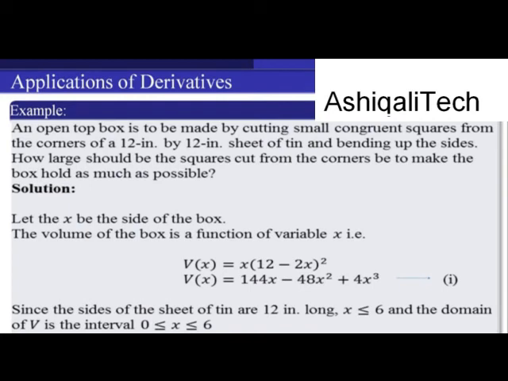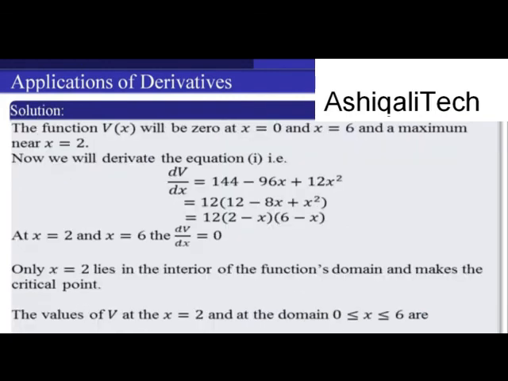Since the sides of the sheet of tin are 12 inches long, x will be less than or equal to 6. And the domain of V is the interval 0 to 6, that is, x is greater than or equal to 0 and x is less than or equal to 6. The function V(x) will be 0 at x = 0 and x = 6, and a maximum near x = 2.